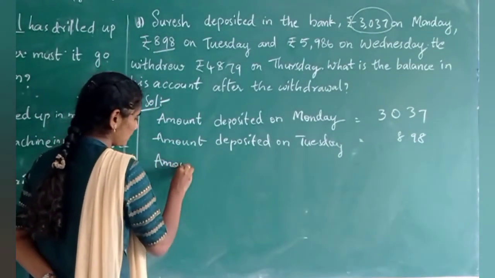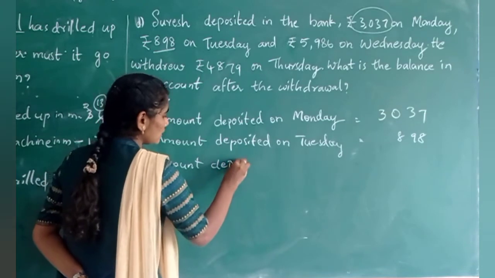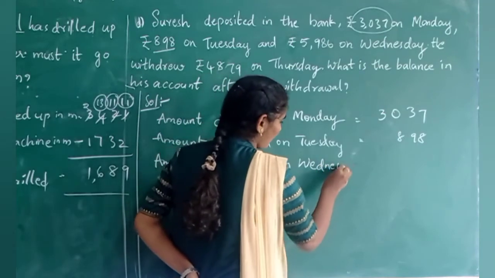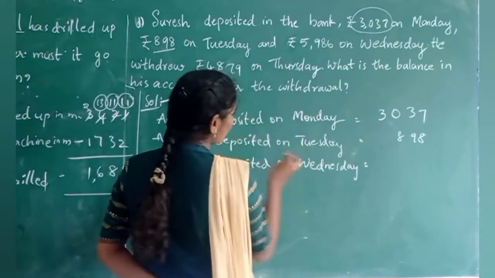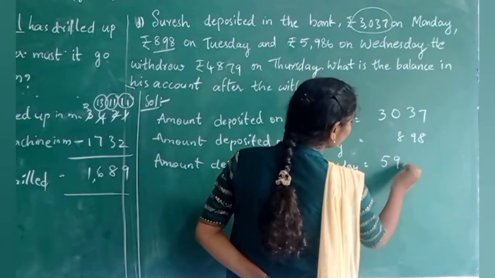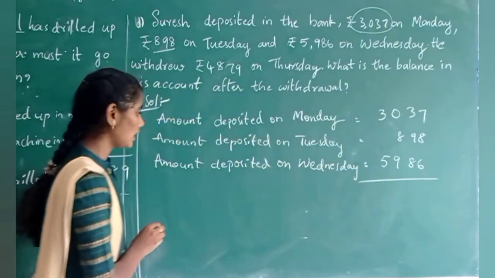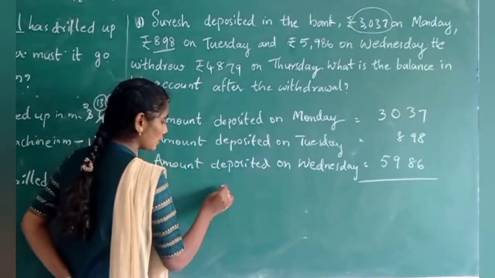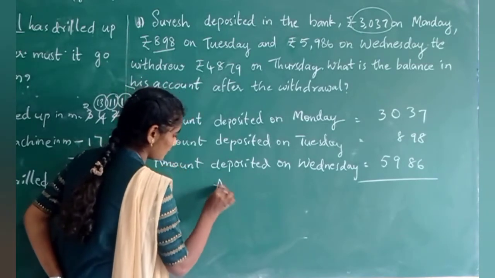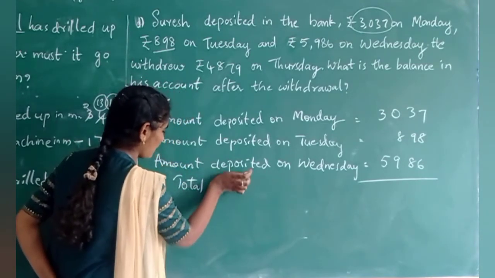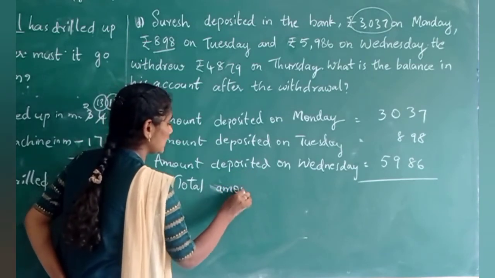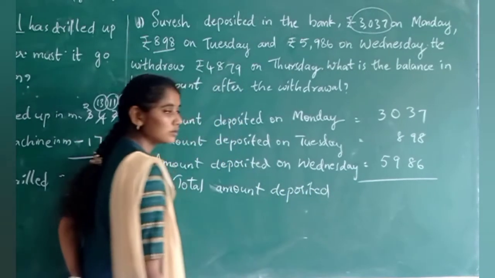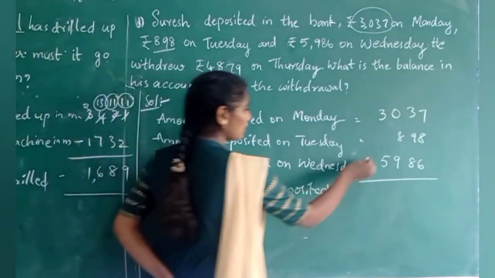Then the amount deposited on Wednesday, the third step, is 5986. Now the total amount deposited, meaning how much he saved in the bank. To find the total, we have to do addition.